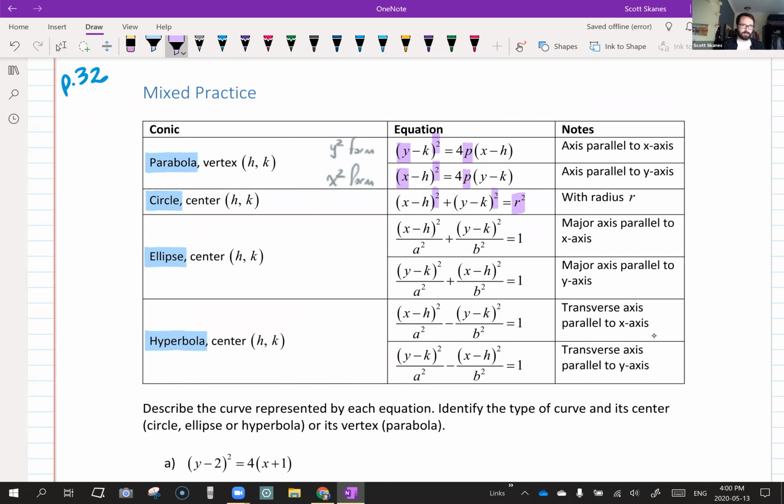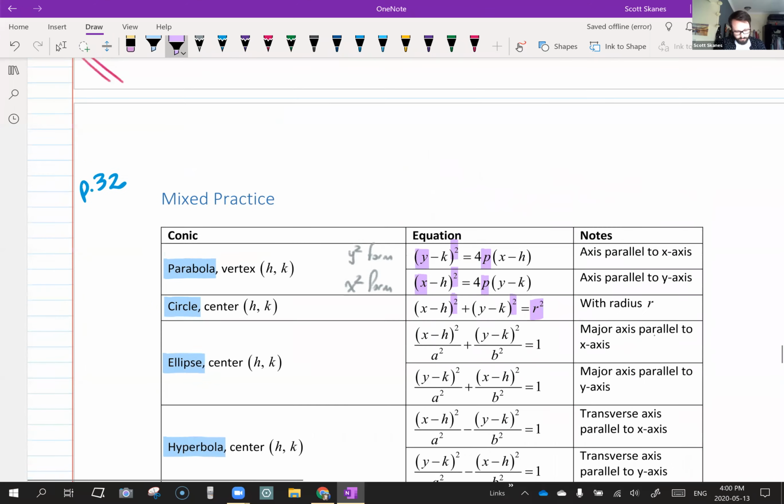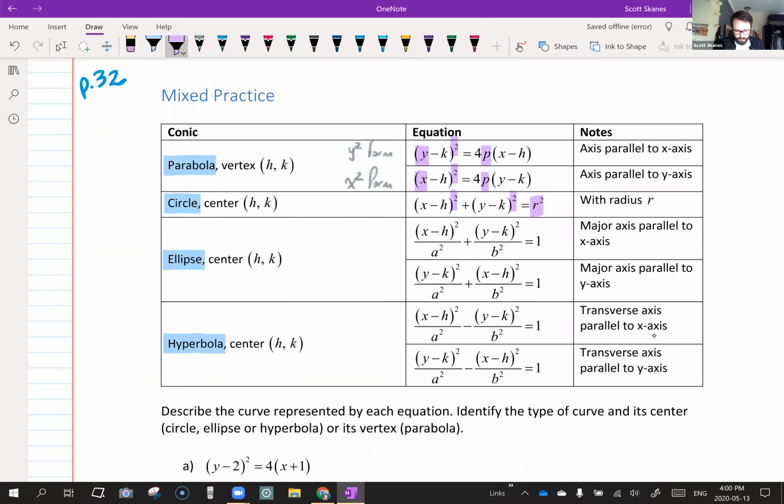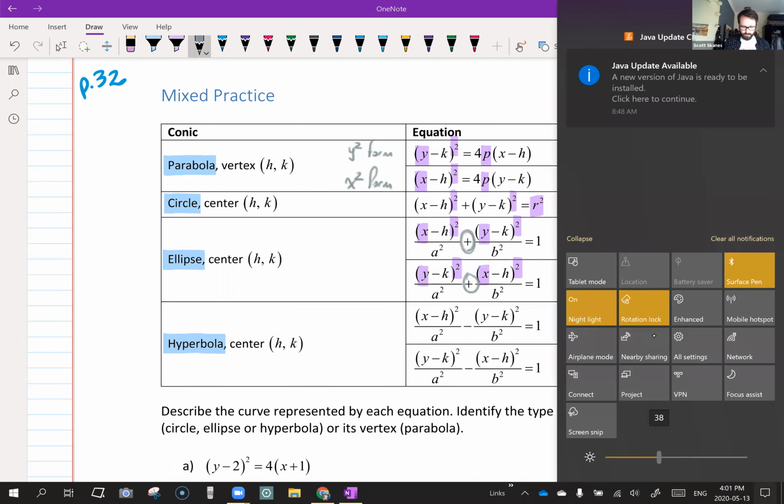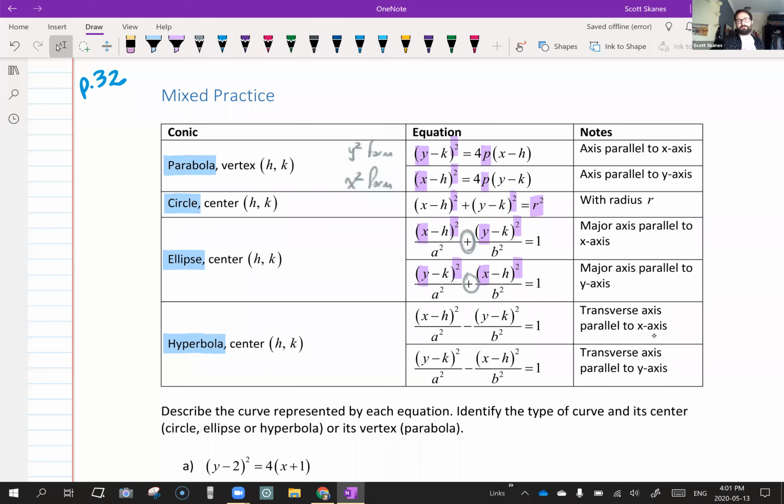If you have an ellipse, how do you know by looking at the formula that it's an ellipse? Well, it's pretty straightforward. You have x squared and y squared stuff, and you have this plus. I might erase some of this highlighting after because I don't know how helpful it is, but I'm trying to help you out.